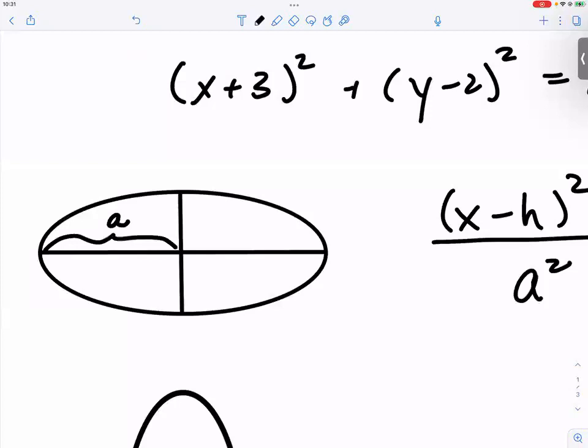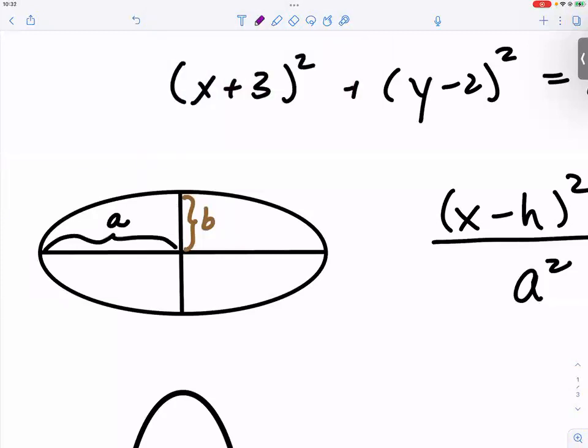Okay? Use a complete sentence. Because some students would just say, oh, A, major axis. And then when they actually need to write an equation, they see something with the major axis, and they don't know whether it's A or 2A, or they just get confused. Make sure you are using a complete sentence to describe what it is. B is from the center to the endpoint of the minor axis. Okay?